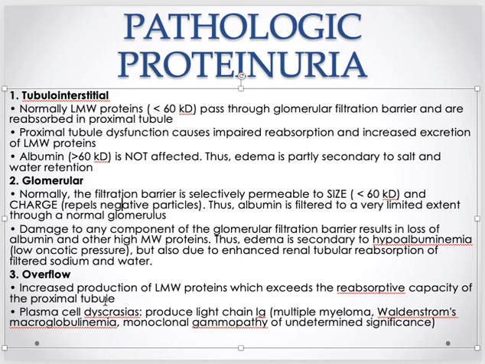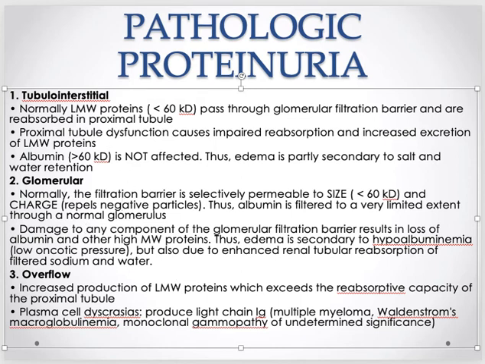Again, multiple myeloma and conditions in which there is formation of too many proteins, with proliferation of monoclonal cells. These proteins, of course, will start appearing in the urine. So that's all about proteinuria.